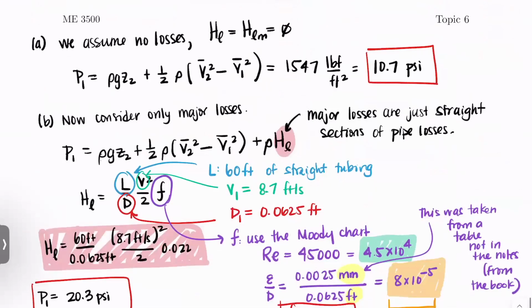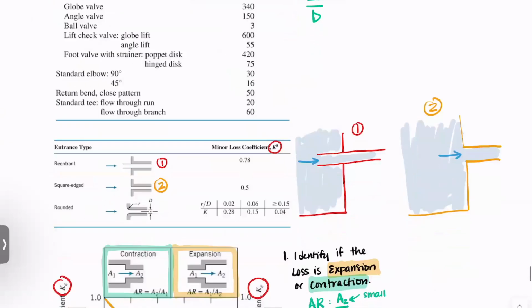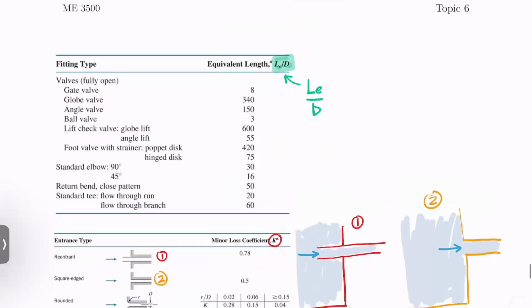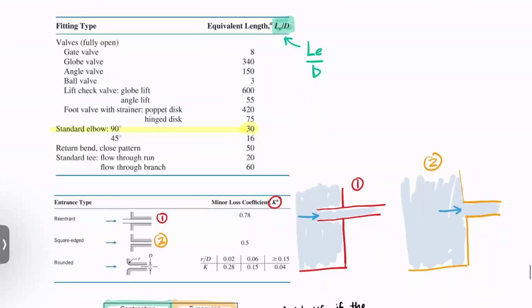Okay, so I'm going to go back to our minor loss table. Here we go. We have a standard elbow, 90 degrees, which is 30. So our LE over D is 30.